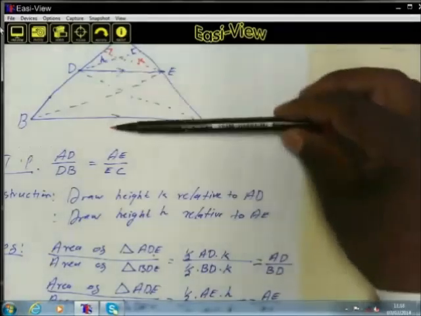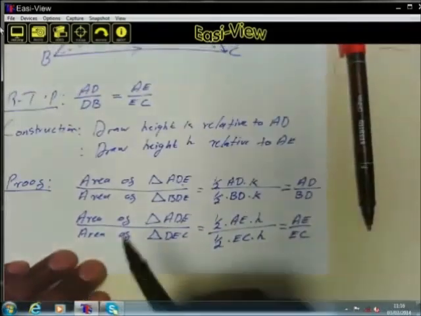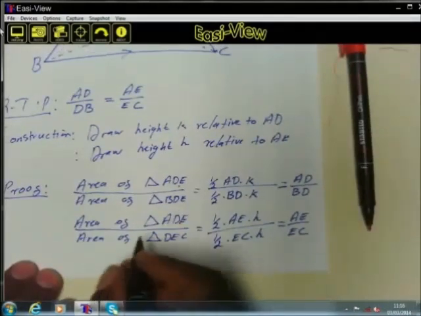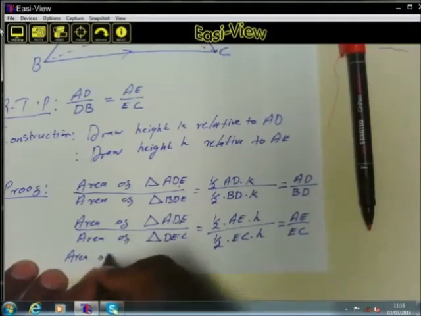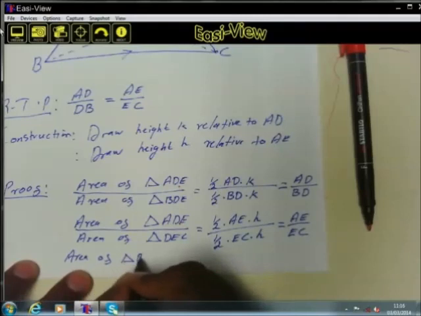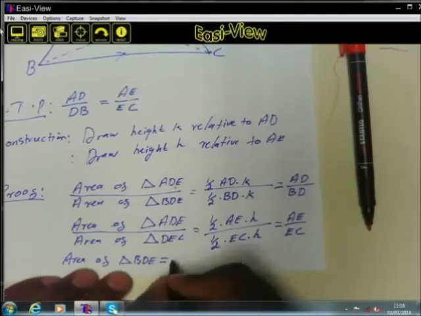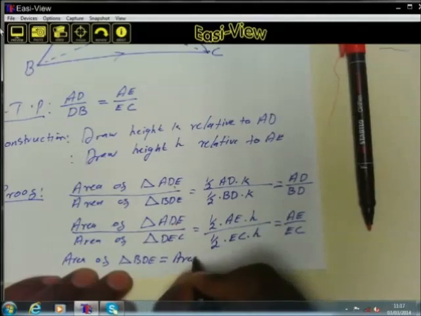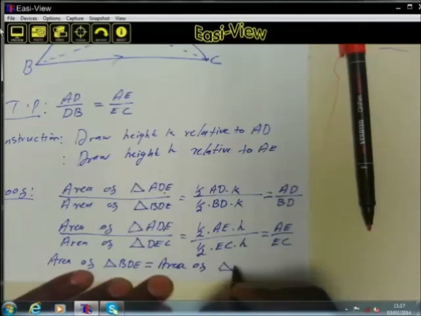So their height can be the same, and you can choose a common base. It therefore means that the area of triangle BDE is equal to the area of triangle DEC.